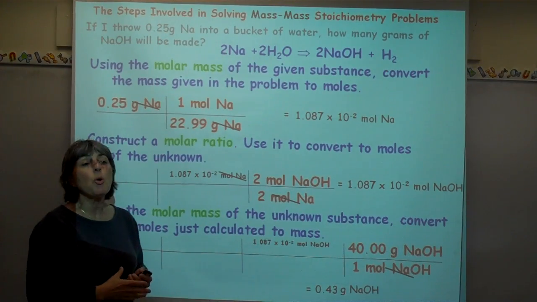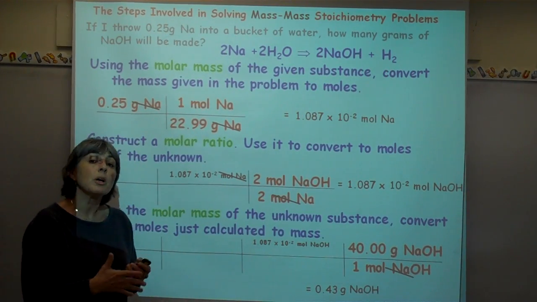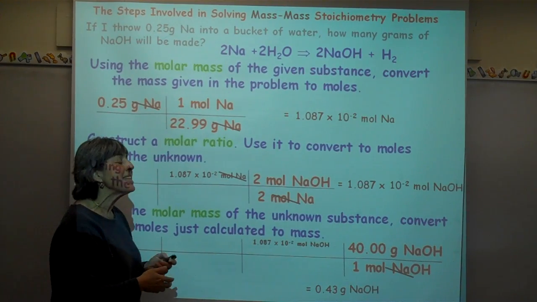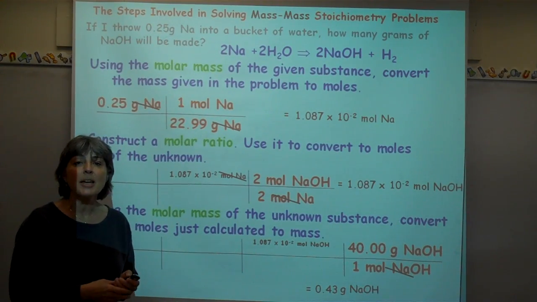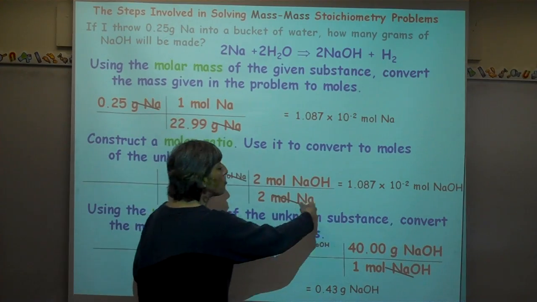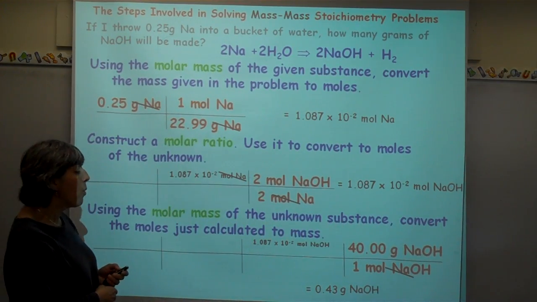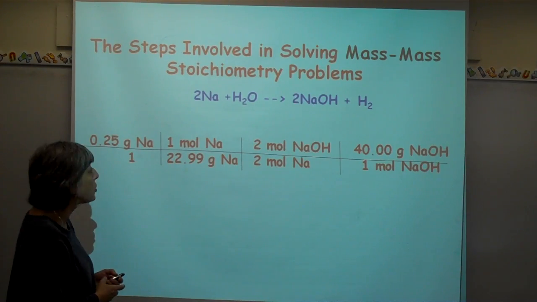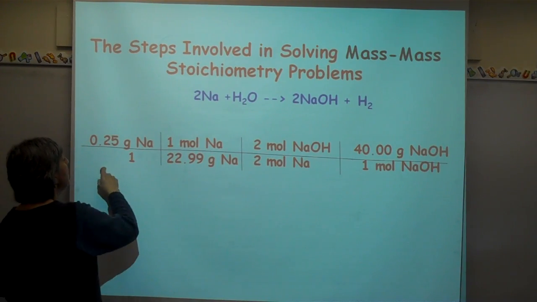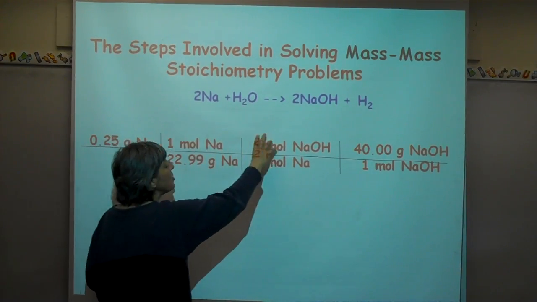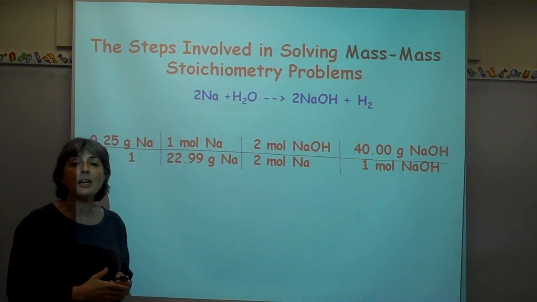And so I showed you a way where at each point we're calculating how much of this material we have. That is not necessary, and actually it's not even a good idea, because every time you do this, you're rounding some, you could be making a calculator error. What you really want to do, and still get the same answer, because it'll always be the same answer, is run this entire conversion, one right after the other, without stopping to do any calculations.